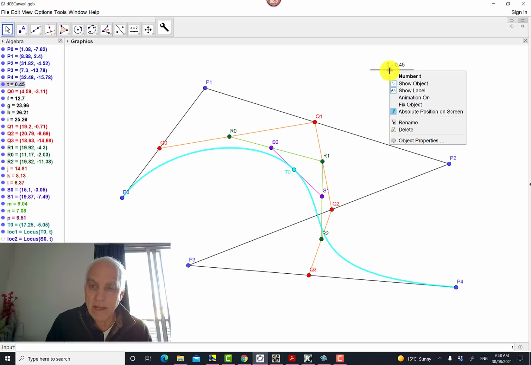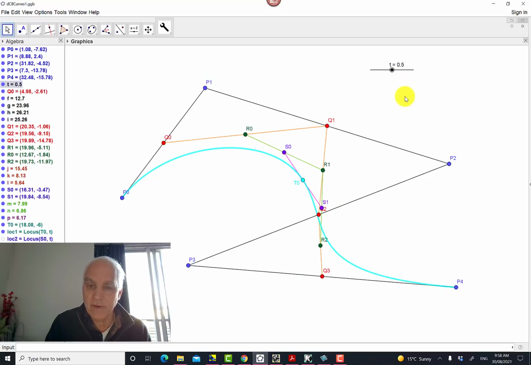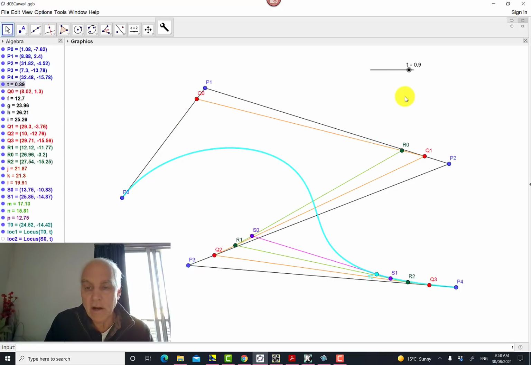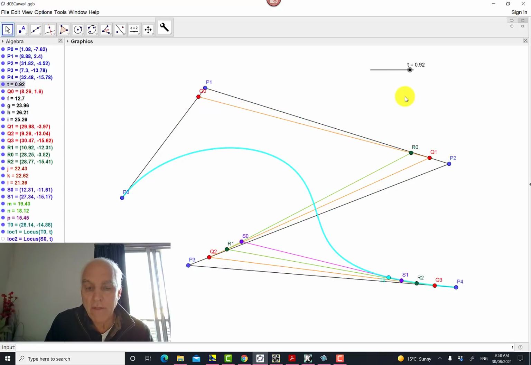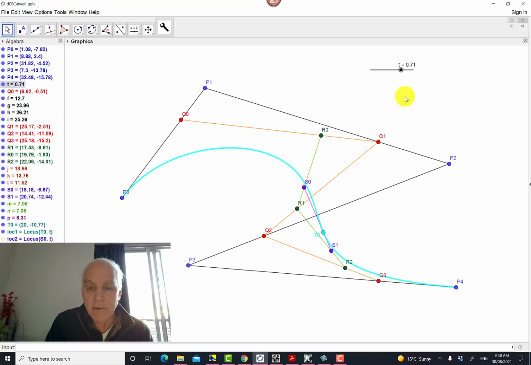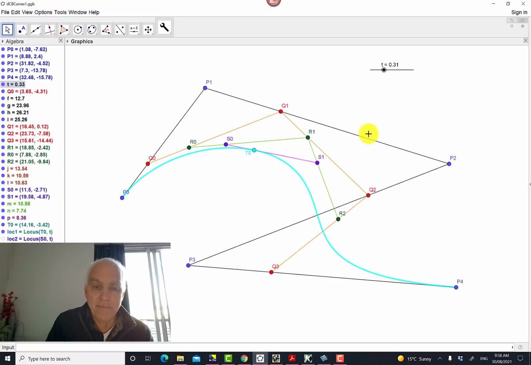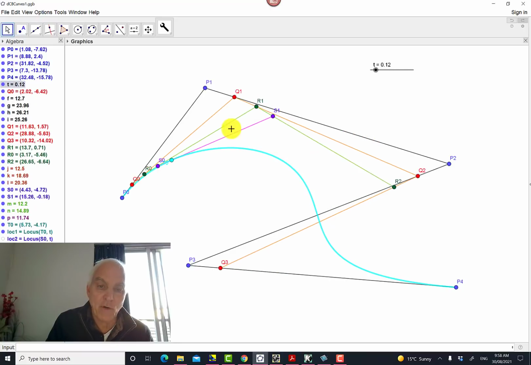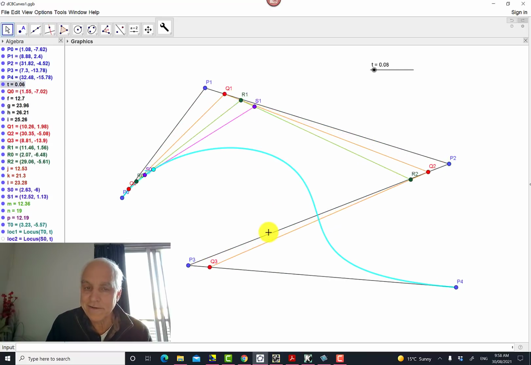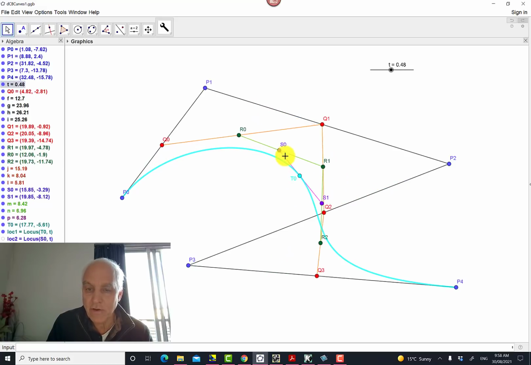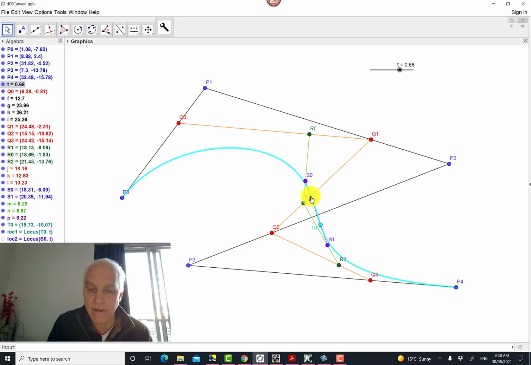Maybe I'll animate it so you can see it. The Q points are moving proportionally, and while they're doing it, now we're going backwards, the R points are going between the Q points, and as that's happening, the S points are going between the R points. And this point T0, which is actually tracing the curve, is going between the S points.